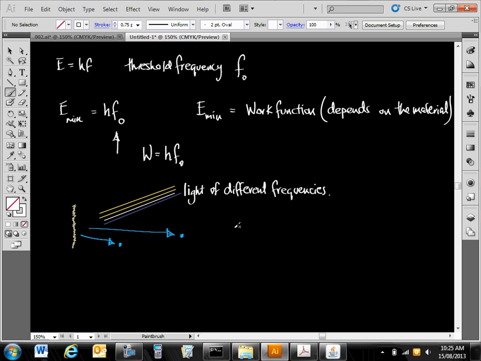So it needs to give the metal the work function to eject an electron. The photon must give... minus the work function to the metal.